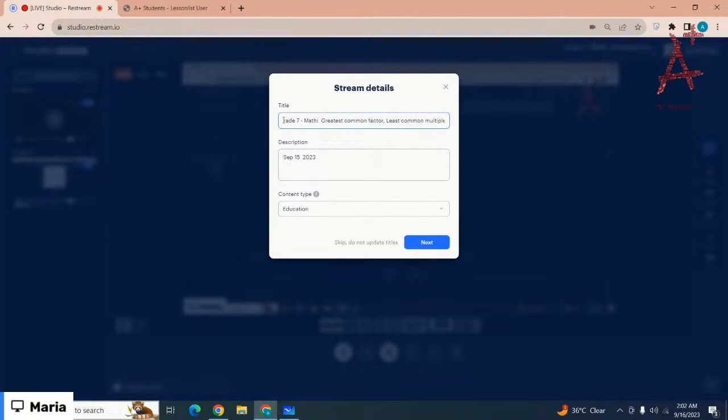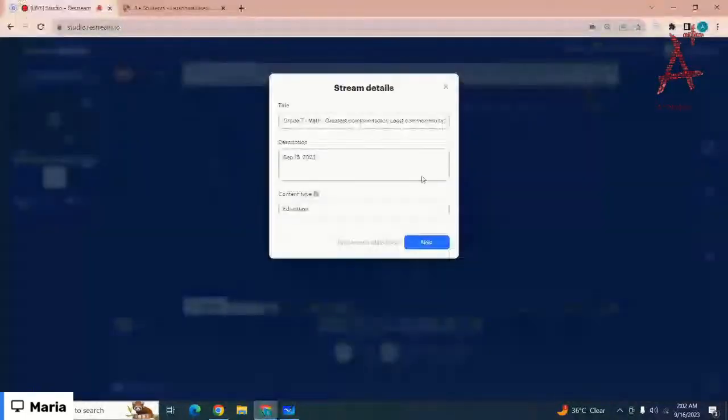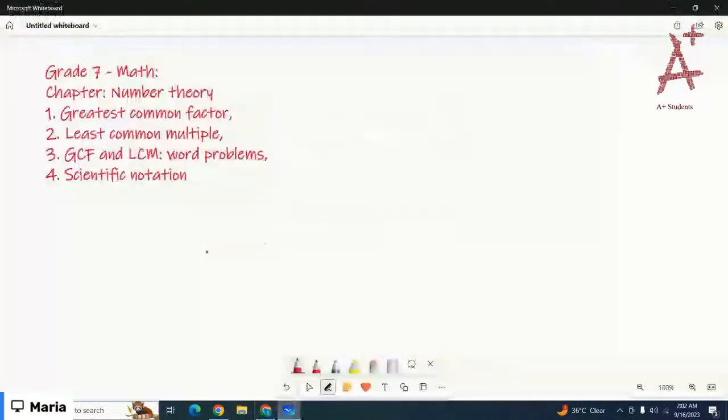Make sure you have your notebook and pen so that you can note down the important examples and definitions as well. Okay, write down the definition of GCF on the board. Greatest common factor.